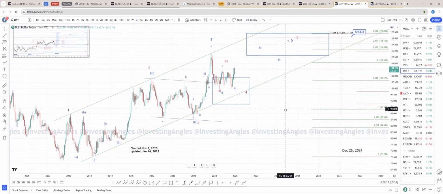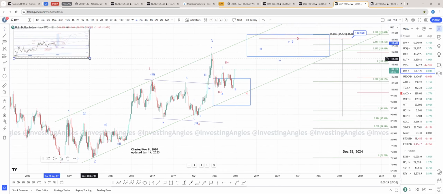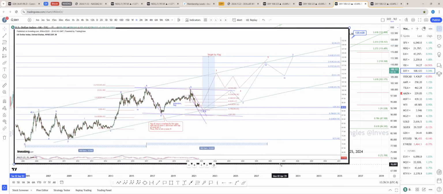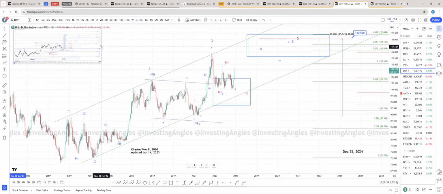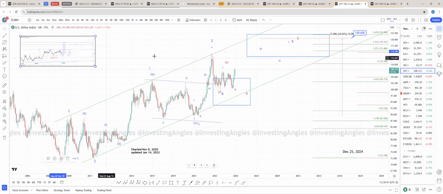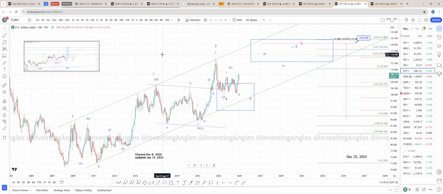This is the chart that we shared way back on November 8, 2020, and this has been our roadmap for the dollar index since then. For over 4 years it's been flawless, and you can see that all major points that we indicated on the chart are hitting one by one.